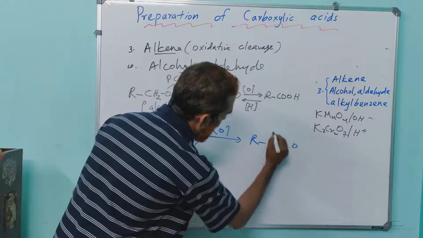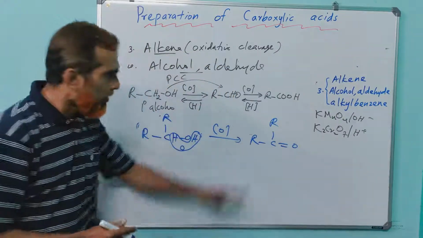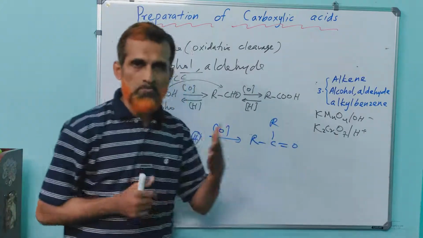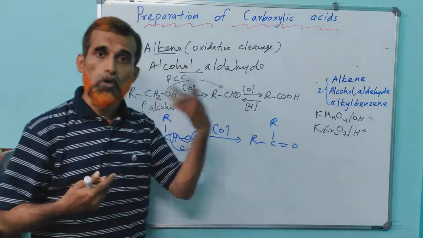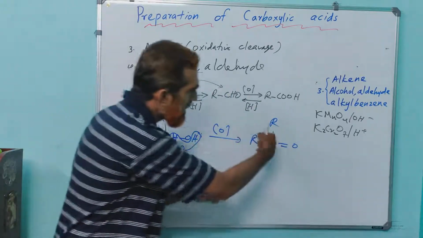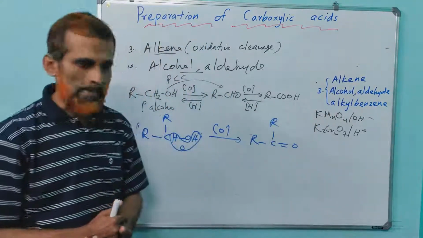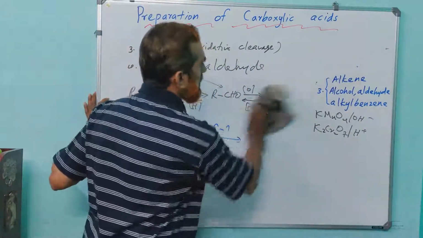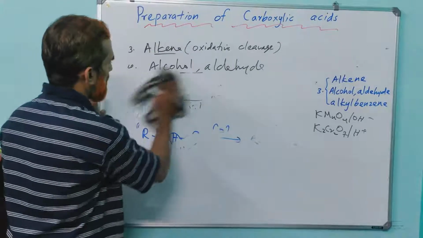It becomes ketone, right? It will give ketone only. If you are going further for drastic condition, refluxing for long time at high temperature, this may break, as I said earlier, and give you carboxylic acids. Otherwise, it will be ketone only. Okay, so that is the second method.